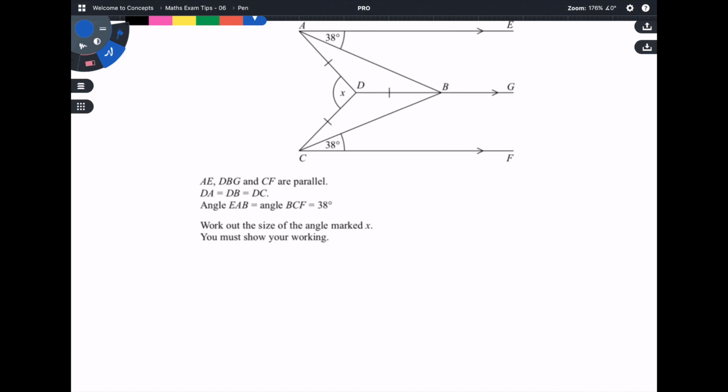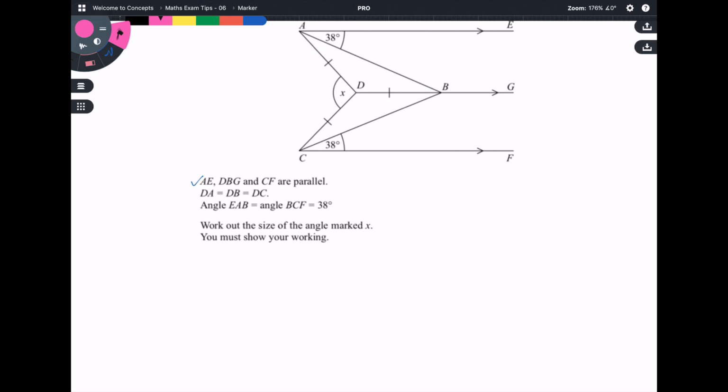Okay, so let me show you the parallel lines, AE, so these lines are parallel. Okay, so I'm just going to get rid of that. You should note that in your head. I'm going to tick each sentence as we go along. So there's DA, so that line is also the same as that line, which is also the same as that line.